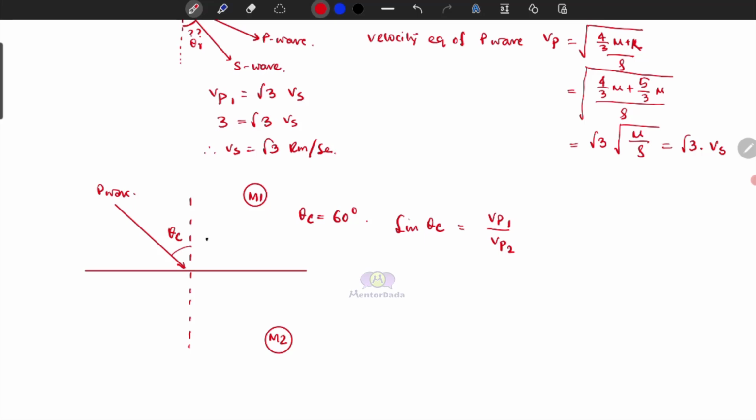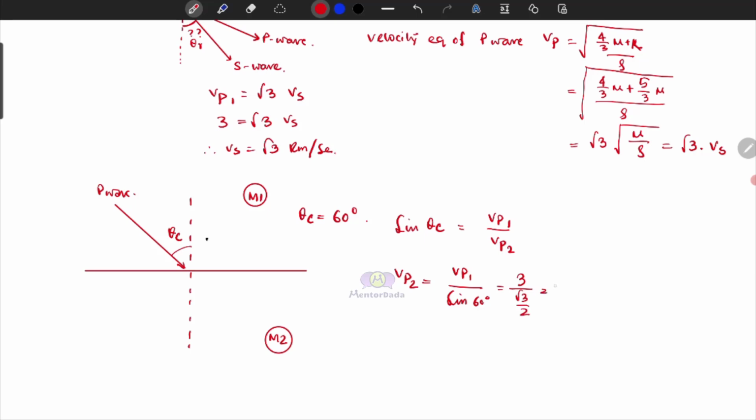So now Vp2, the velocity of P wave in medium 2, equals Vp1 by sine of 60 degree. Vp1, as it has been given, is 3 kilometer per second, divided by sine 60. Sine 60 means root 3 by 2.